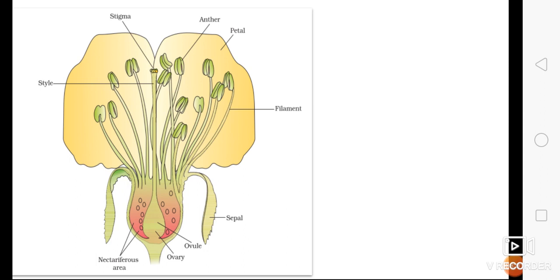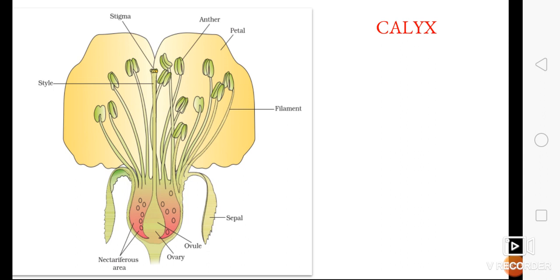There are mainly 4 whorls in a flower. The outermost whorl is calyx. In this diagram, sepal is given. It is one member in calyx, sepal.